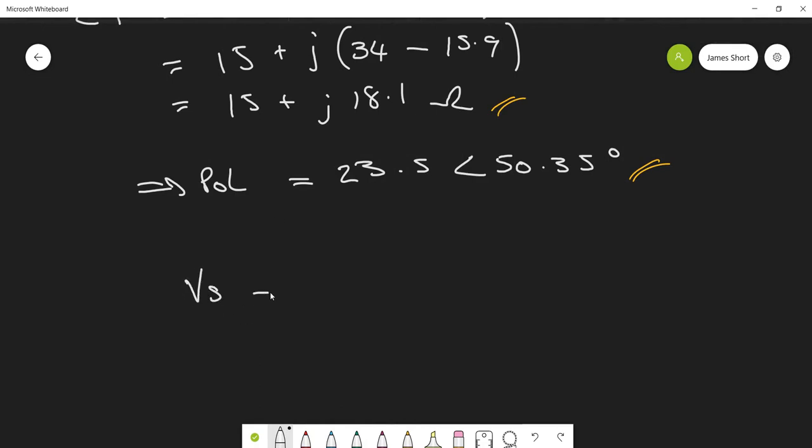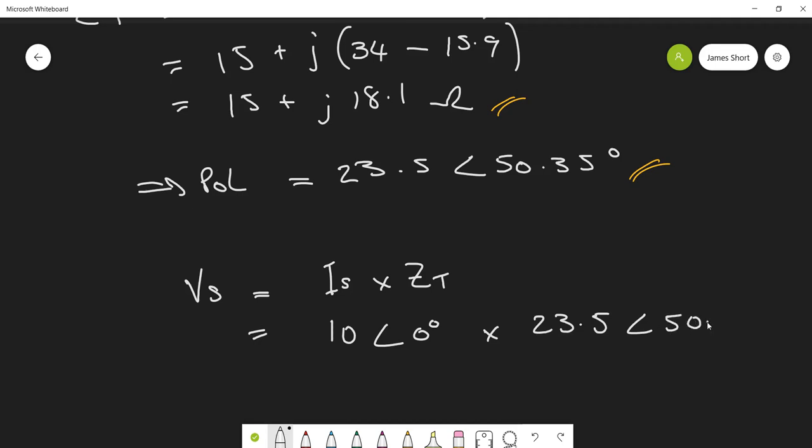Well, Vs is equal to the supply current times the total impedance. Supply current is 10 at an angle of 0, and we're multiplying that by 23.5 at an angle of 50.35. So we're multiplying the magnitudes, adding the angles.